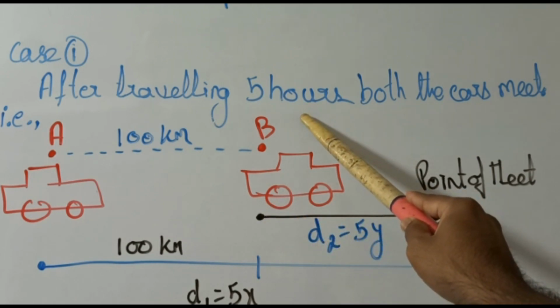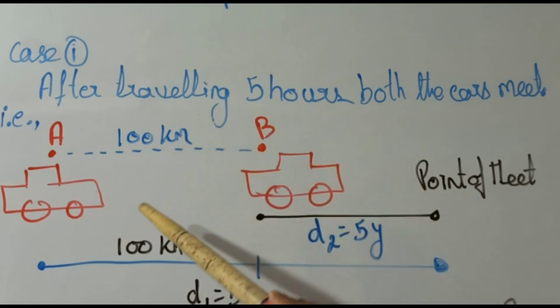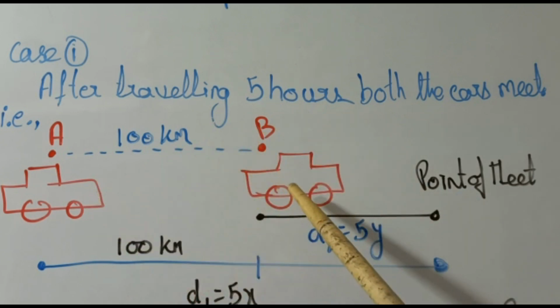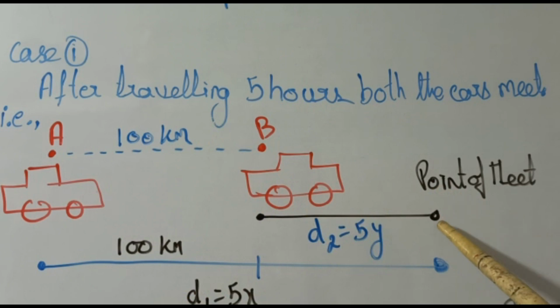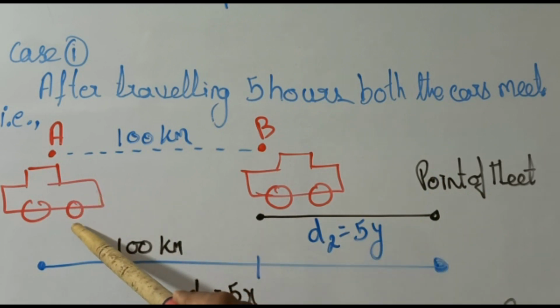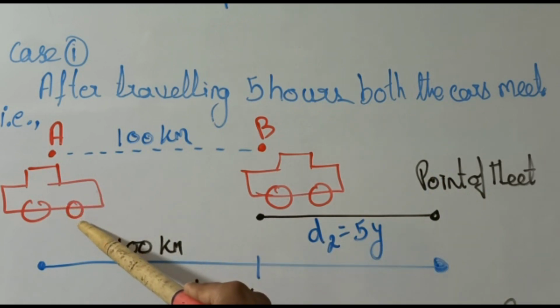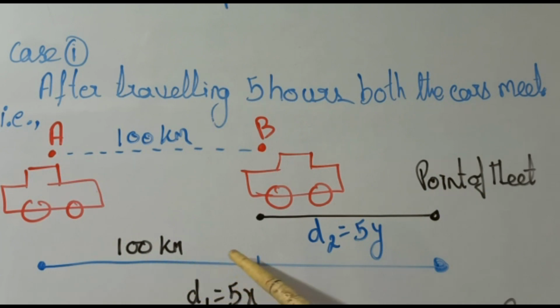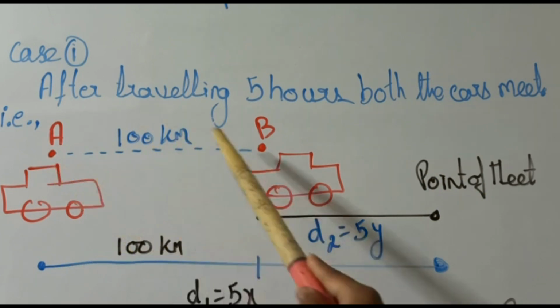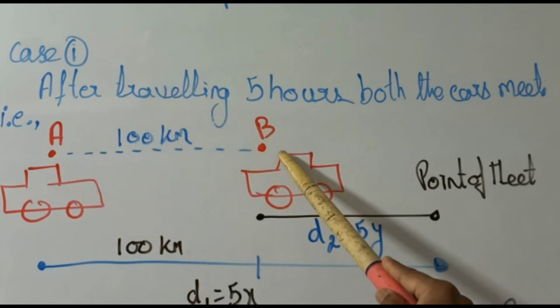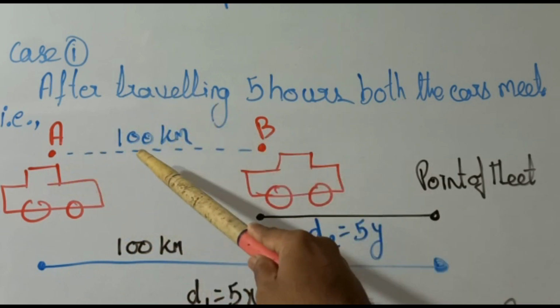So according to the situation, after traveling 5 hours, car A and car B meet at a point somewhere at C. What does it mean? As the speed of car A is more, it traveled more distance. What is that more distance? It has covered the distance between A and B. Earlier the gap between them is 100.